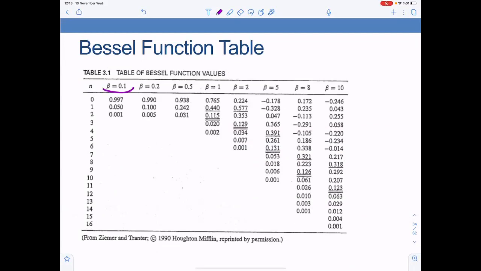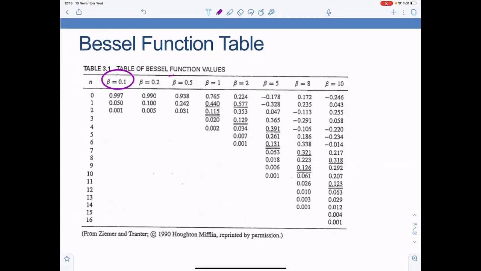When beta is small, do you remember we did this beta to the n over 2 to the n factorial approximation? When beta is small, only the first few terms are appreciable. And when beta grows larger, like toward 5, for example, there are more terms at appreciable values.